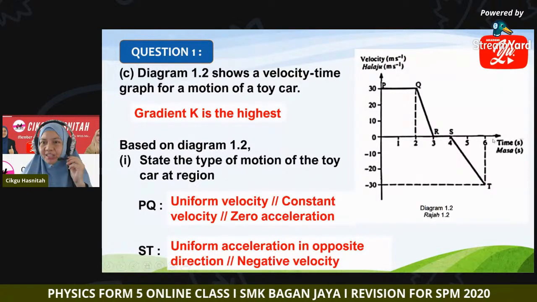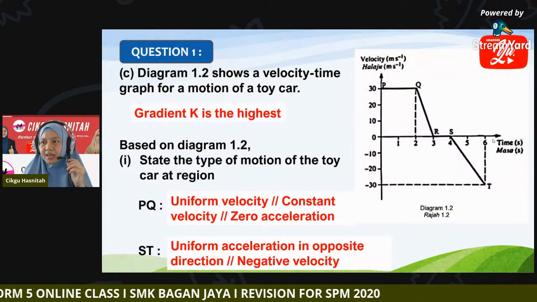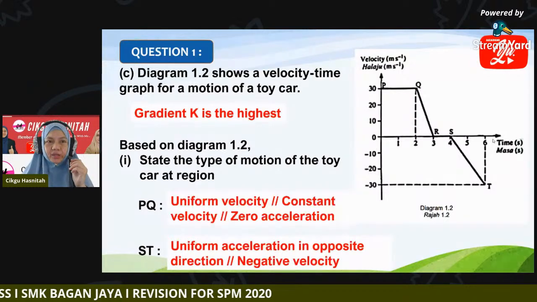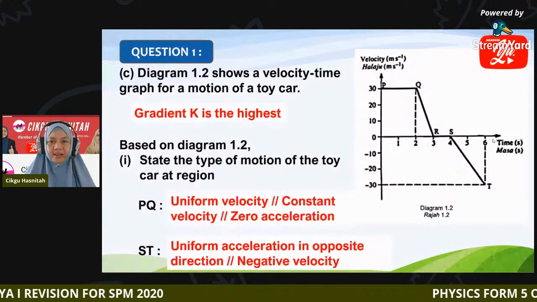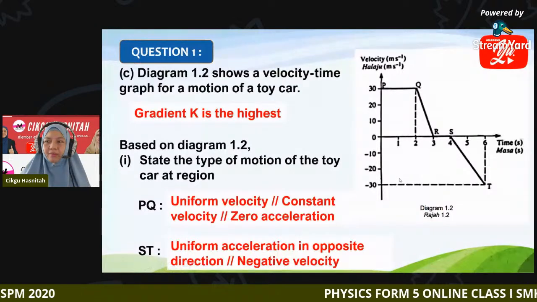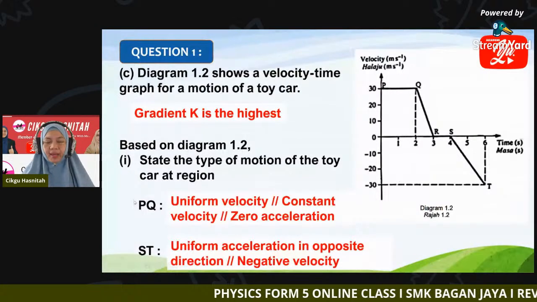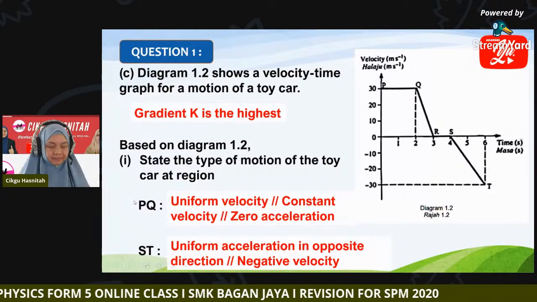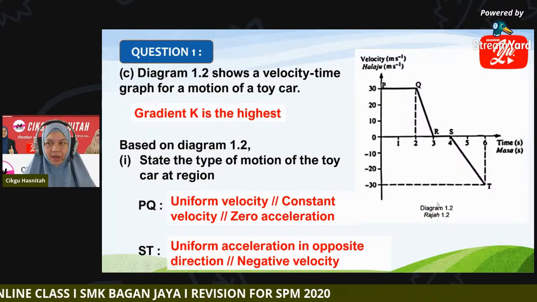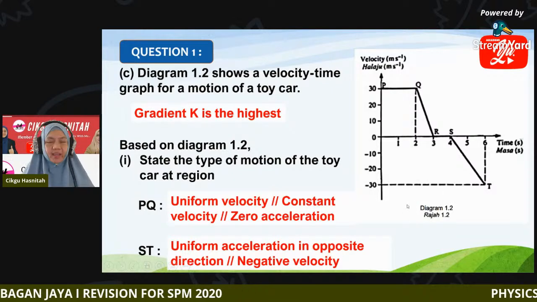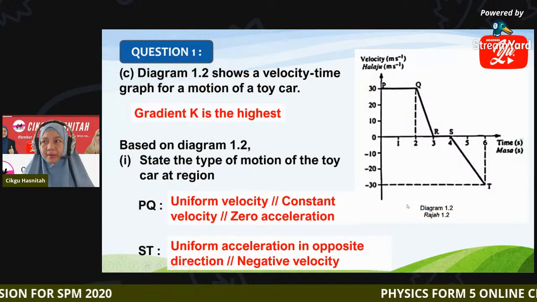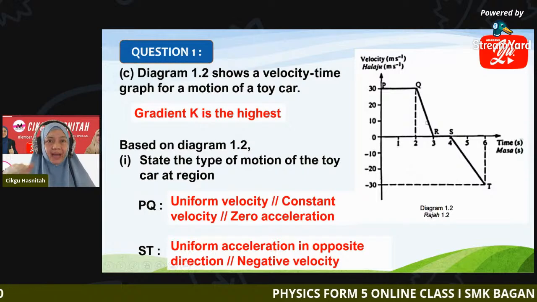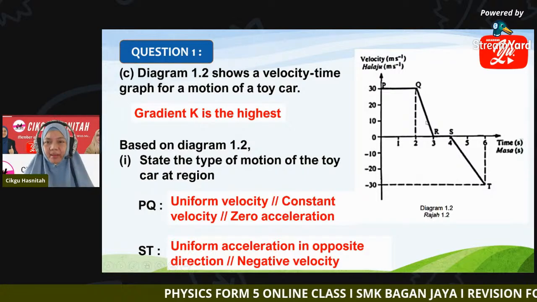So it's not deceleration, it is an acceleration, but in the opposite direction. So this is for PQ and ST. Are you clear on the motion in ST? Again, it is not deceleration, but it is an acceleration in an opposite direction.